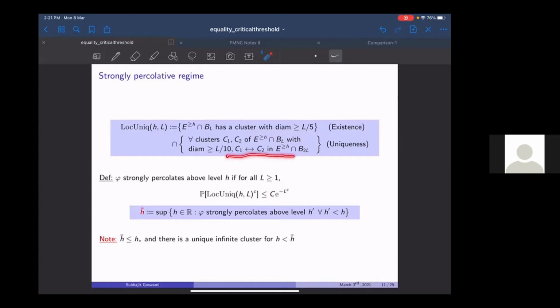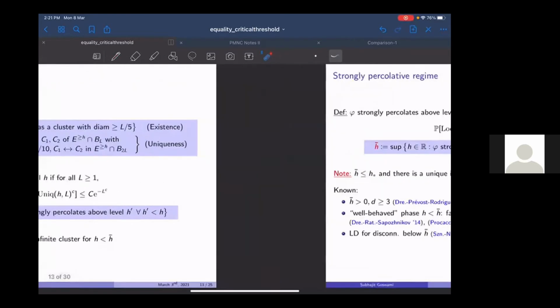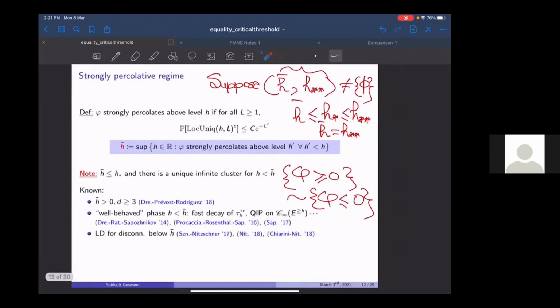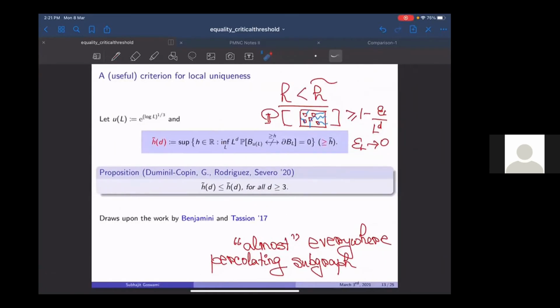But you also need uniqueness, that any two big clusters are actually connected in a twice bigger box. There's a very good paper by Benjamini, Tassion, and Basu in 2017 called "Homogenization by sprinkling", but they prove it for Bernoulli percolation.